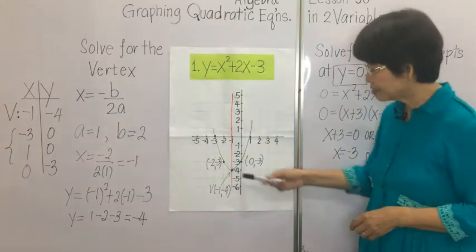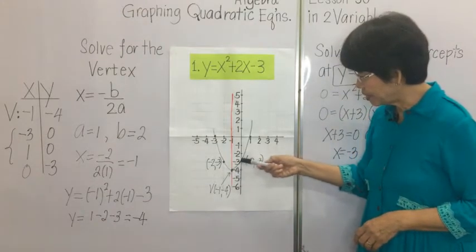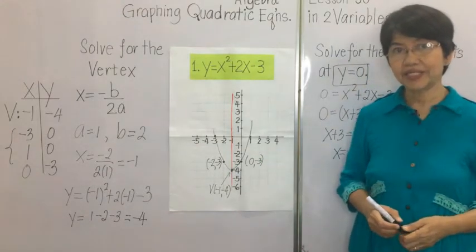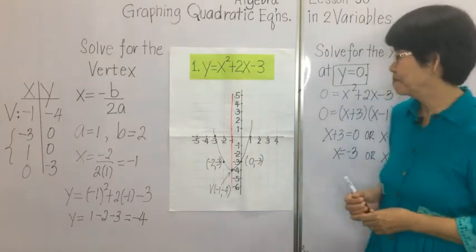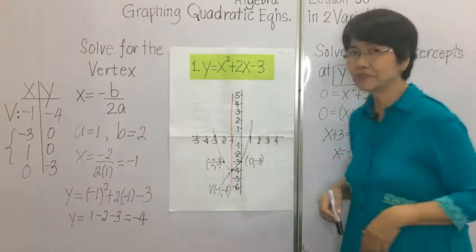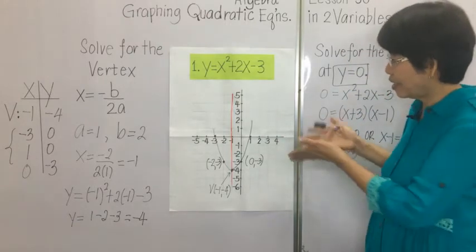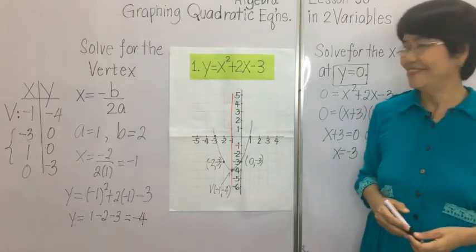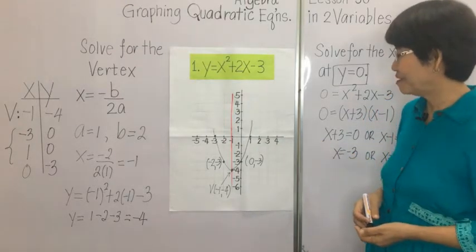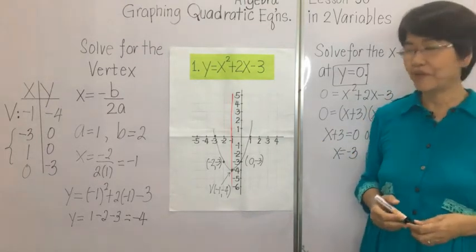We have to connect the points with a curve, because if you connect it with straight lines, it will not be a parabola. And then if you want a smoother parabola, and if you want to extend that, then you can add more points. But at the moment, we have already the shape of a parabola.